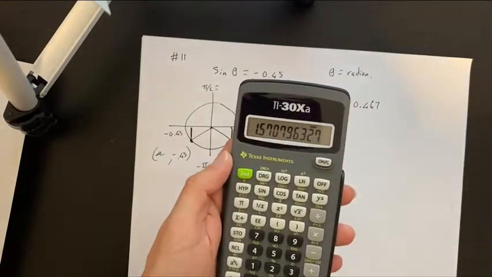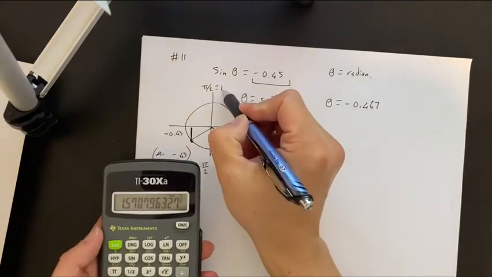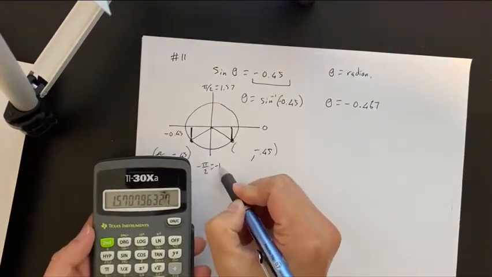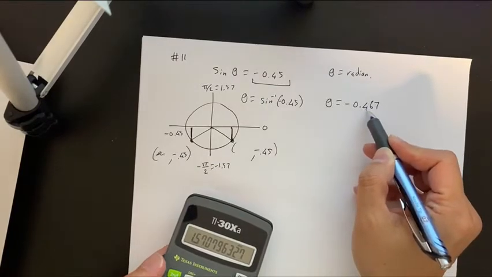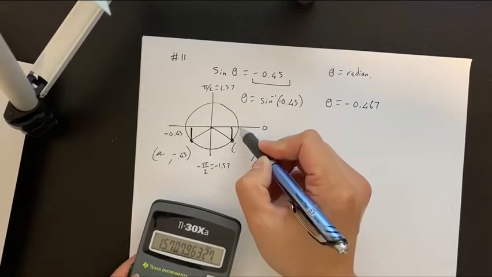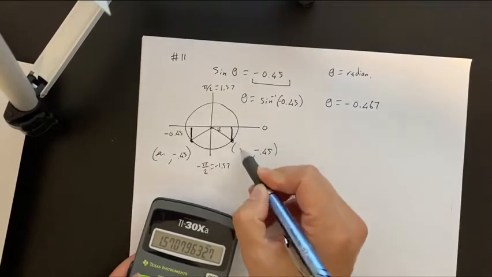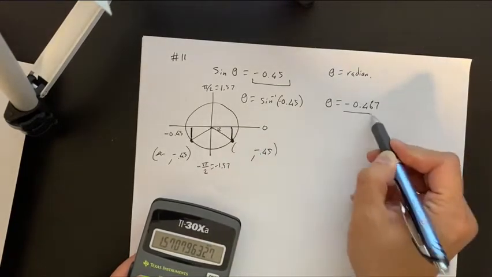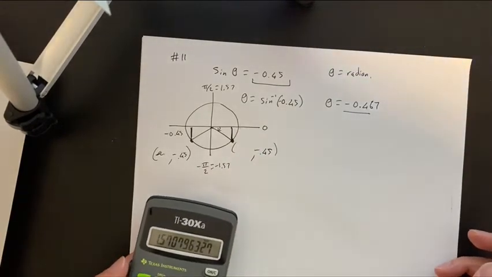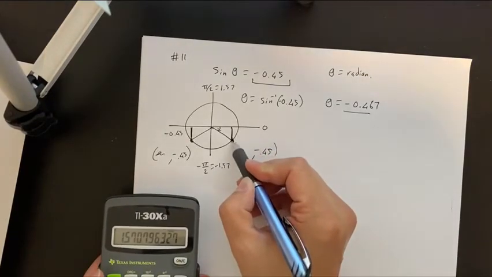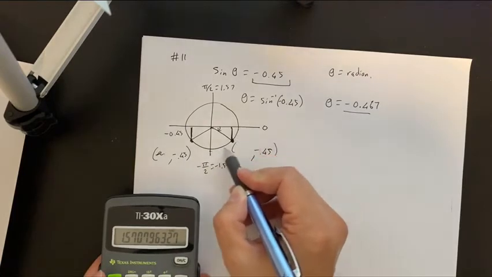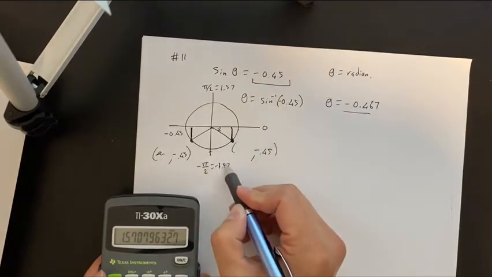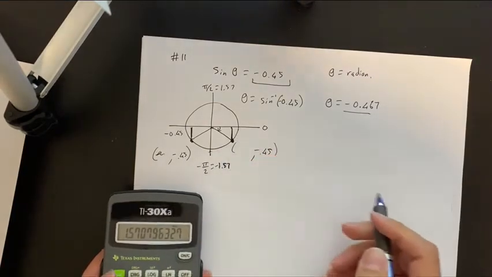Half of that is 1.57. So up here is a 1.57. Down here is a negative 1.57. So how about negative 0.467? It's right here. So negative 0.467 will give me this position. And if you go down here, it'll be negative 1.57.